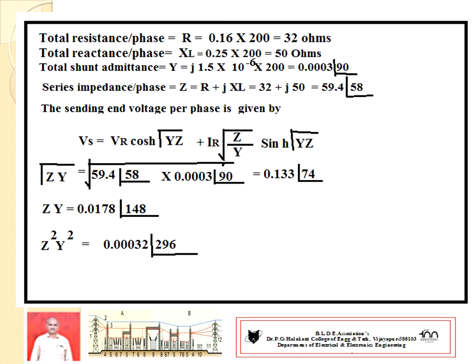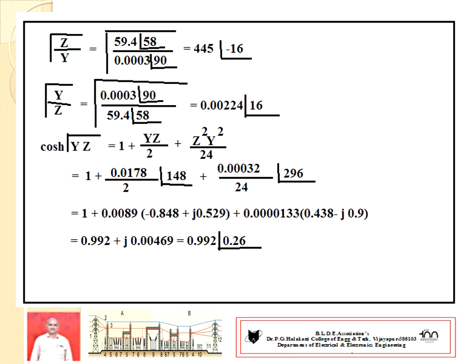Therefore, we have to keep all values ready in polar form. Next you calculate under square root of Z by Y. Substituting the values, we get 445 with an angle of minus 16. Similarly, go for under square root of Y by Z: 0.00224 with an angle 16.